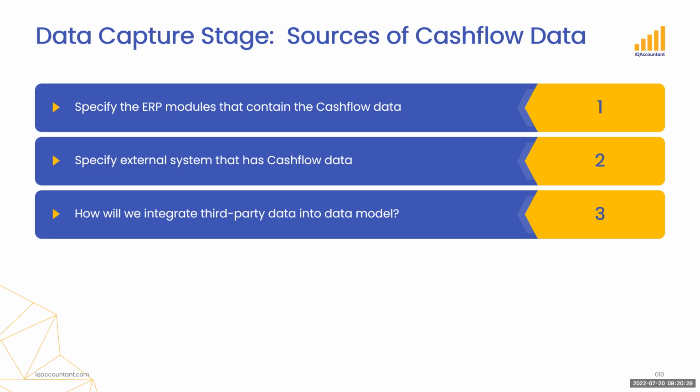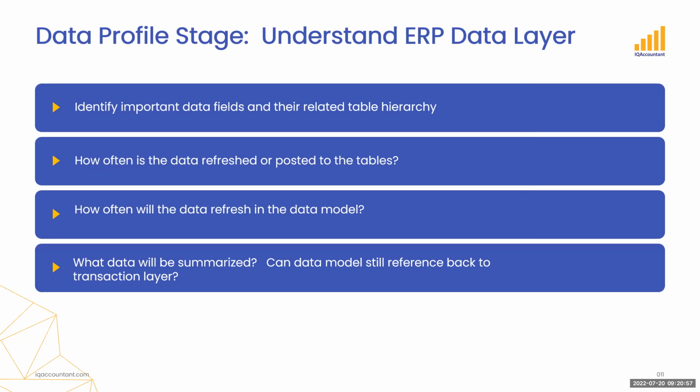But if you choose to build it in EPM, there are tools to integrate as well, or in BI tools. So there are a lot of options, but the key in this stage is to identify those sources, and based on the platform you're going to build this data model and solution on, figure out how you want to integrate it.